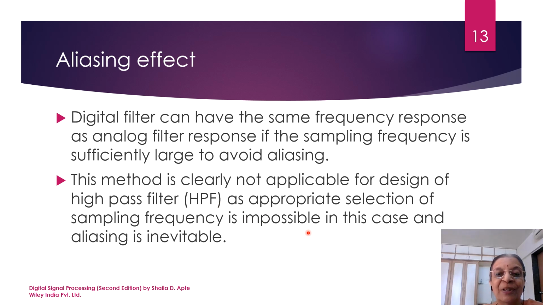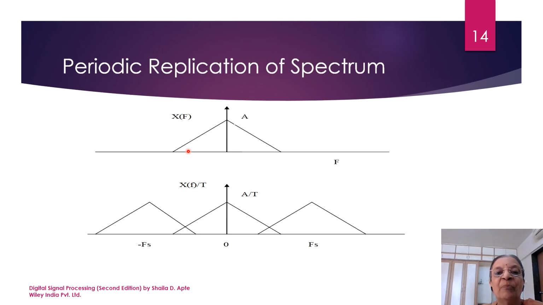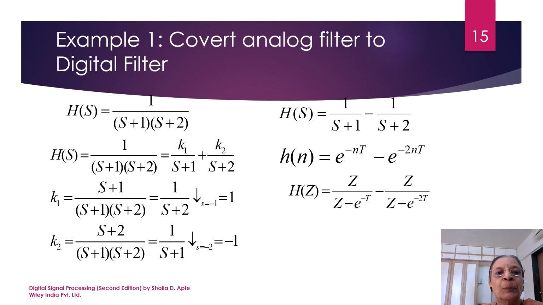So it is an impossible case, and in that case aliasing becomes inevitable. So this is a periodic replicated spectrum, and there will always be some overlap if the sampling frequency is not sufficiently high. If I take Fs at this point, then the periodic spectrum will not overlap. So this is possible in case of a low pass filter.